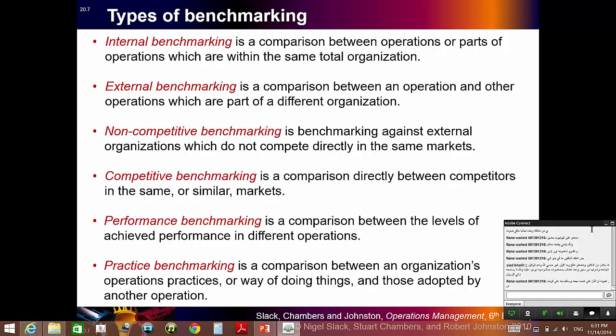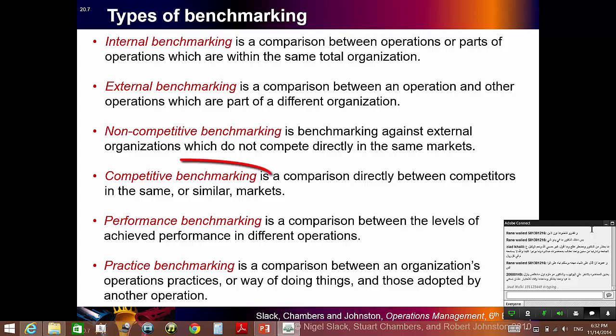It does not exist in our market, it exists in another market. The next type, or the fourth type of benchmarking, is the competitive benchmarking. Competitive benchmarking relates to comparing our organization with another organization that is similar to our organization.